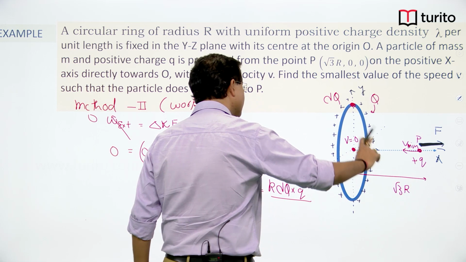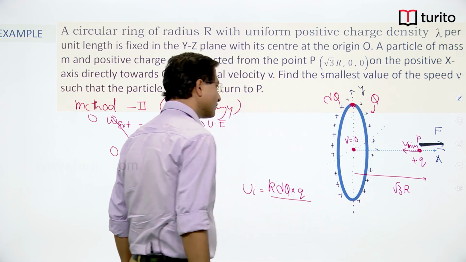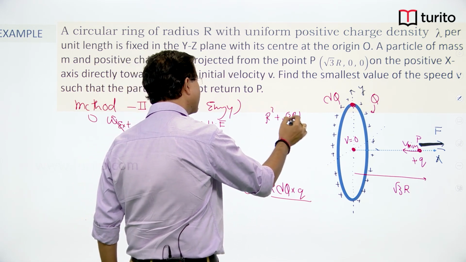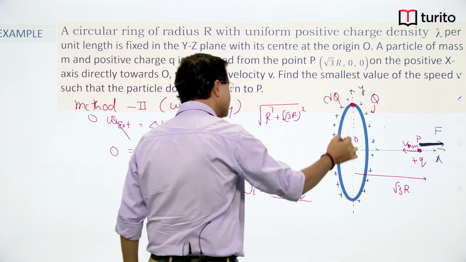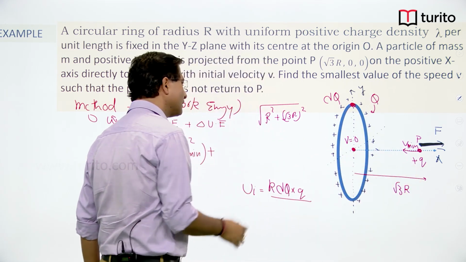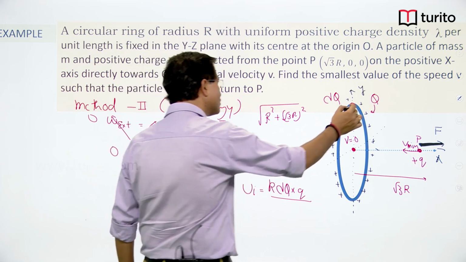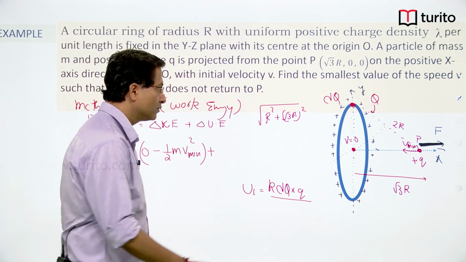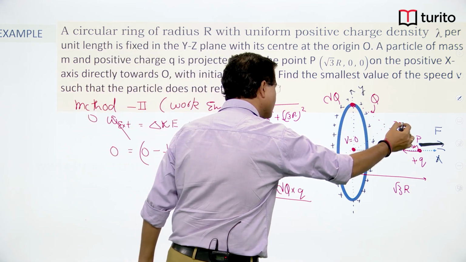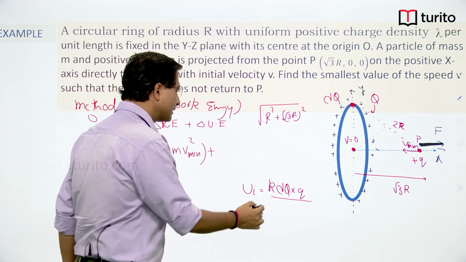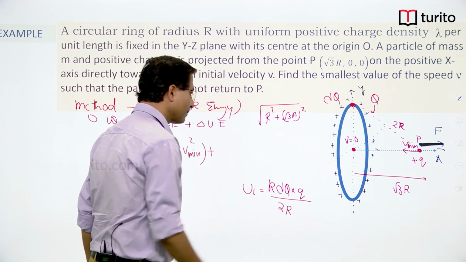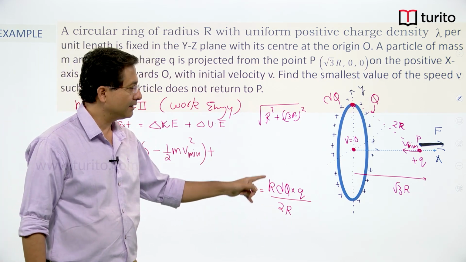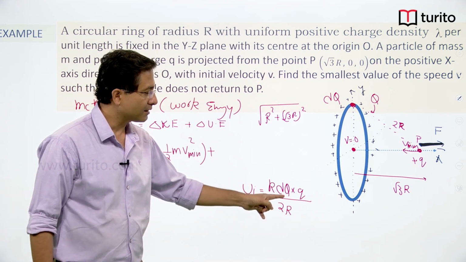This is root 3 R, this is R, this will be 2 R, by R square plus root 3 R whole square under root, from Pythagoras you can get this distance, that is 2 R. Look at the expression, these are all constant, K, small q, 2 R constant.